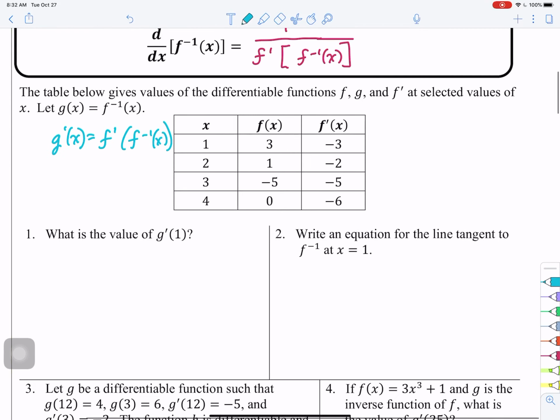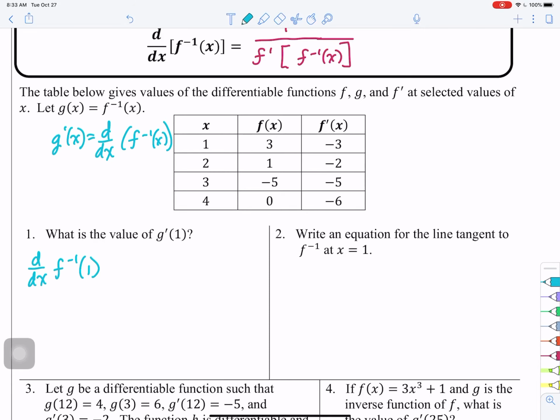So really what they want us to find in number 1 is the derivative with respect to x of f inverse of 1. Because this notation says for this, and here is f inverse of 1. In fact, just to keep it clear, so you don't confuse it with something else, you could use this notation.